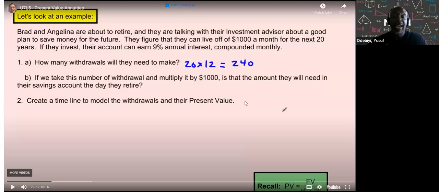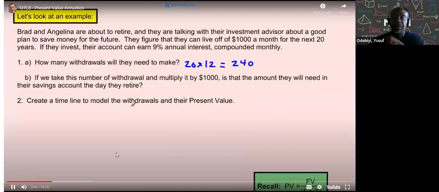So the question is, if I multiply 1,000 times 240, that's going to give me $240,000. Would that be enough for them to live in retirement? That's the question. Let's see how he's going to say it to you.